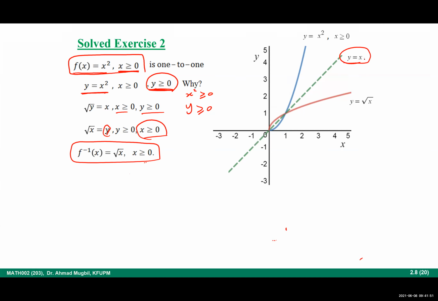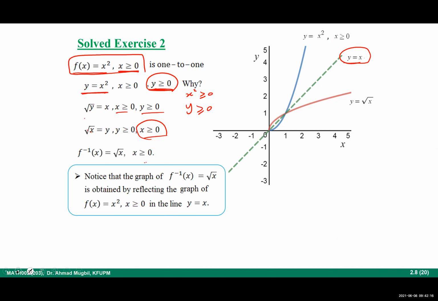Why especially this line? Because we got y equals x and we got x equals y. Here, we interchange, ya shabab. So this is what we are doing. We interchange x and y. Look, they are reflections of each other. So you can obtain the graph of the function from the graph of the inverse and vice versa.